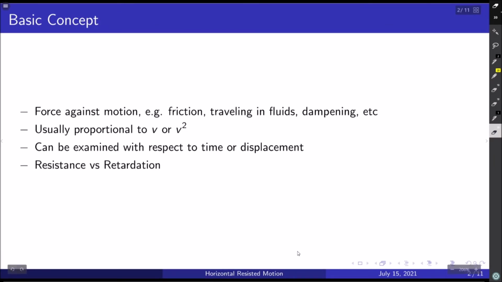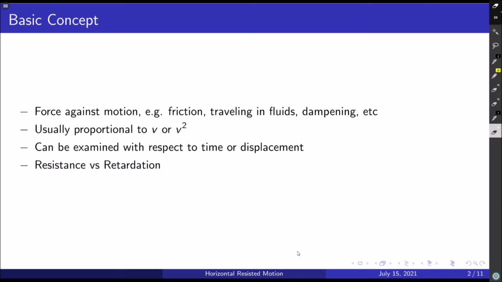So basically friction. When we say resistance here, we're generally speaking of just a force that's going against the direction of motion, whether it's friction, actual resistance in a fluid, or something that's being dampened.